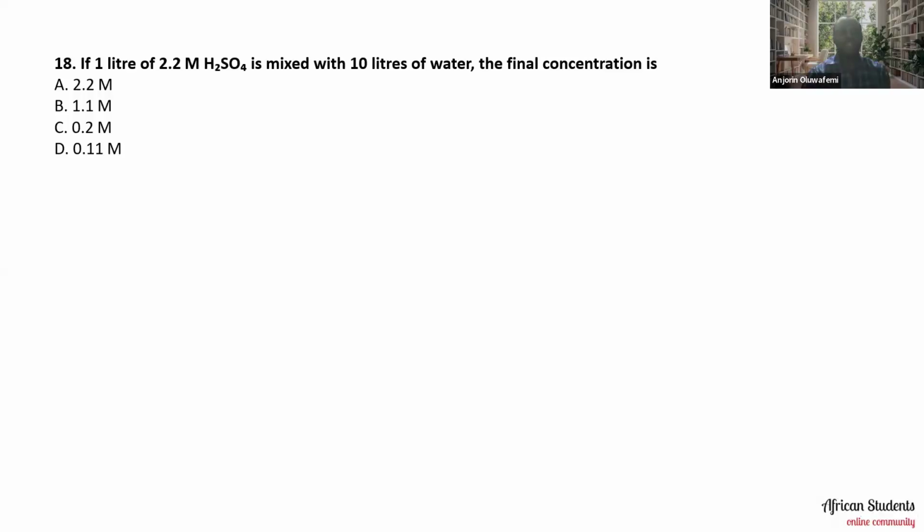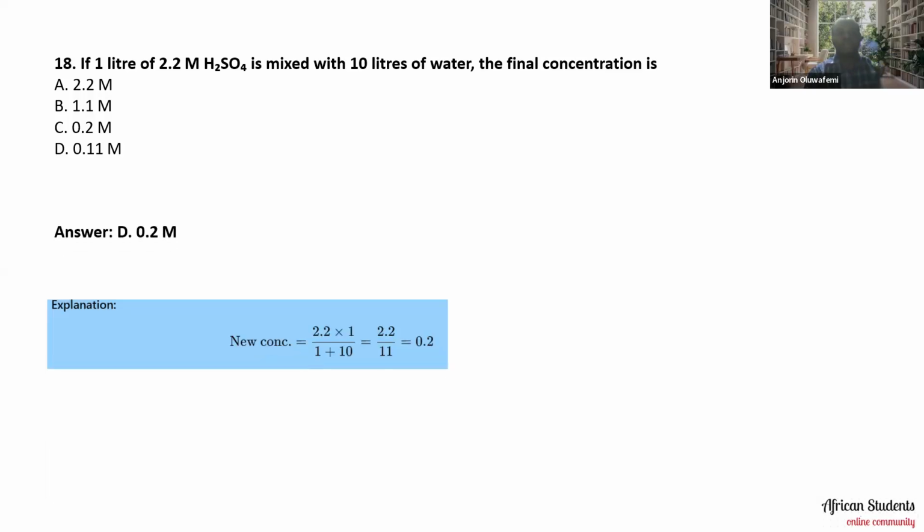Okay. The next one says that if 1 liter of 2.2 molar H2SO4 is mixed with 10 liters of water, the final concentration is it 2.2 molar, 1.1 molar, 0.2 molar, 0.11 molar? The answer is 0.2 molar. Why is that? Don't forget that what we are using basically is just C1V1 = C2V2.